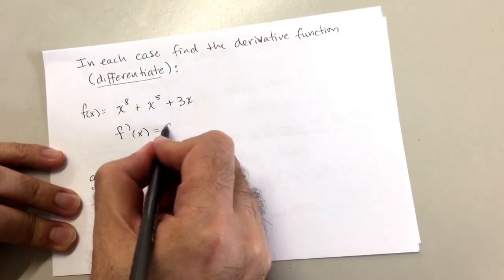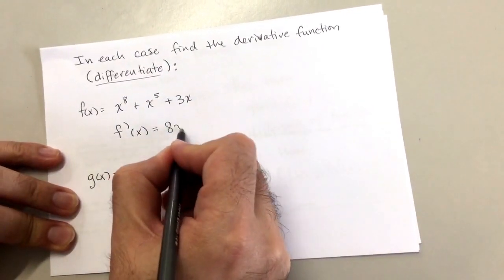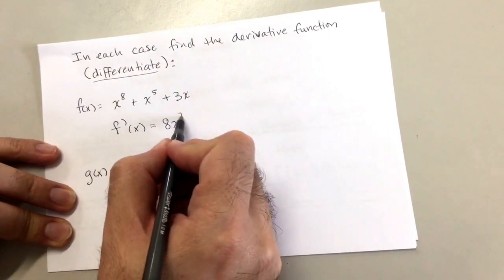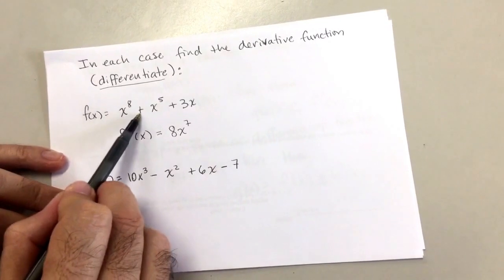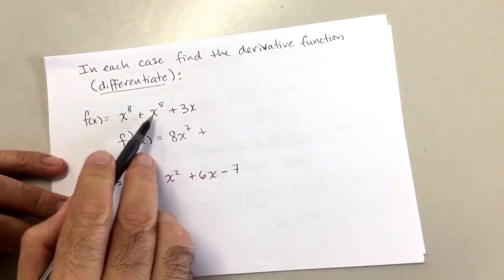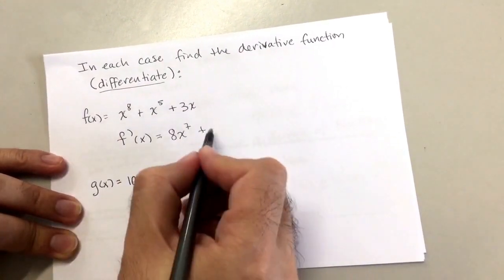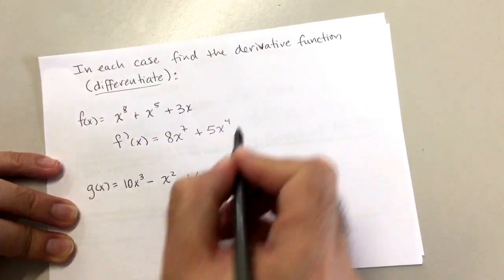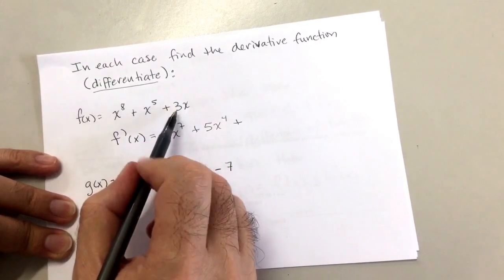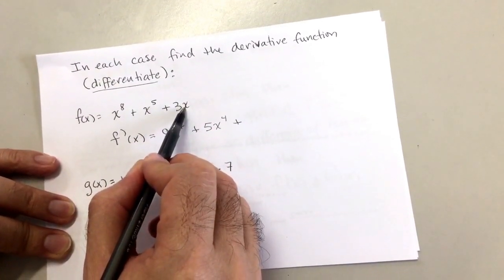That is, bring the exponent down, 8, x to the power of 8 minus 1, which is 7. That's the derivative of this. We add it to the derivative of x to the 5th, which is 5x to the power of 4. And we add to that 3 times the derivative of x.